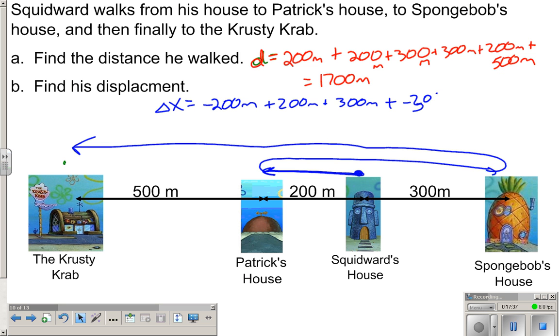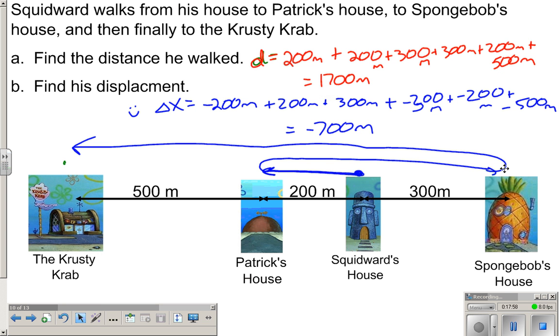These are, again, all meters. All right, so again, grab your calculator and add them up. And those numbers will turn out to be negative 700 meters. All right, so that works. This option here to find displacement works, but as you can see, it's totally a pain.